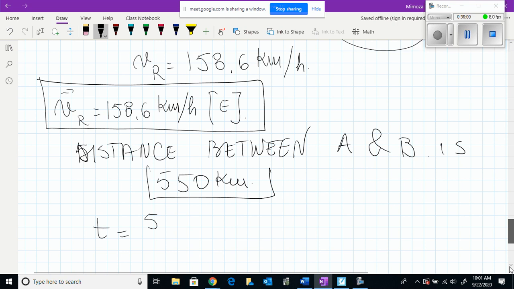So 550 divided by 158.6. So 550 divided by 158.6 is 3.47 hours.